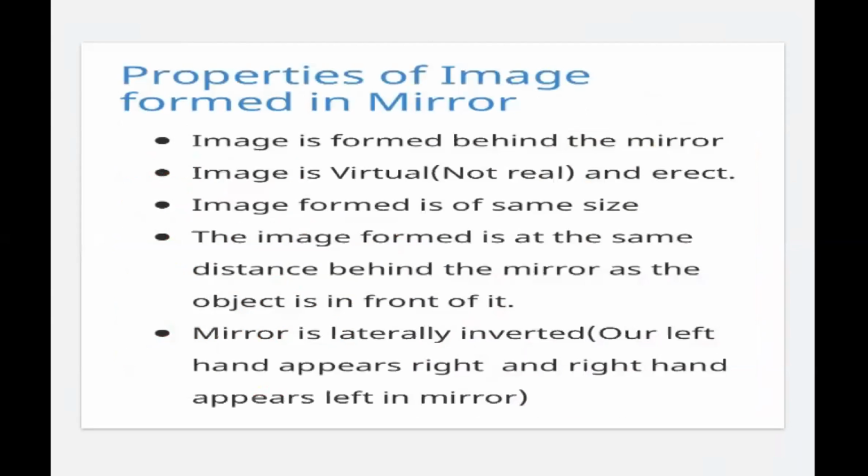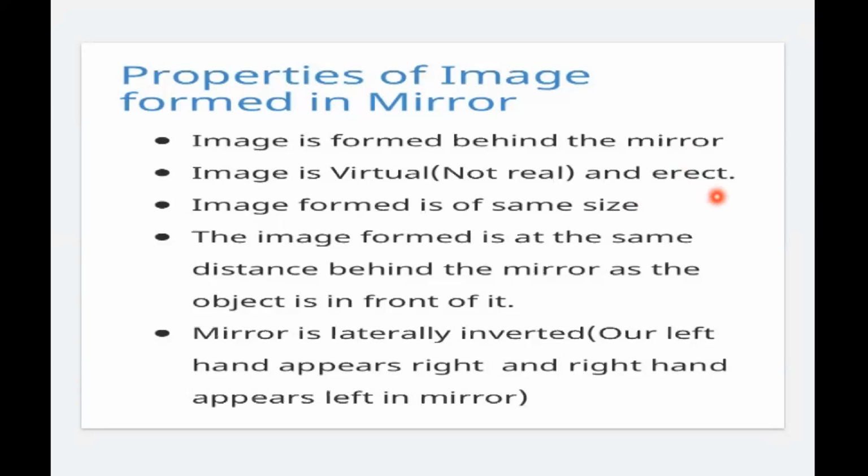So once again, we will see what the properties of images formed in a mirror are. The image that is formed is behind the mirror. This is one reason we always say that the mirror image is a virtual one. The image is virtual, not real, and it is erect. By virtual, we mean the image is formed at the back side of the mirror, and it is really impossible to locate the point where exactly the image is formed.